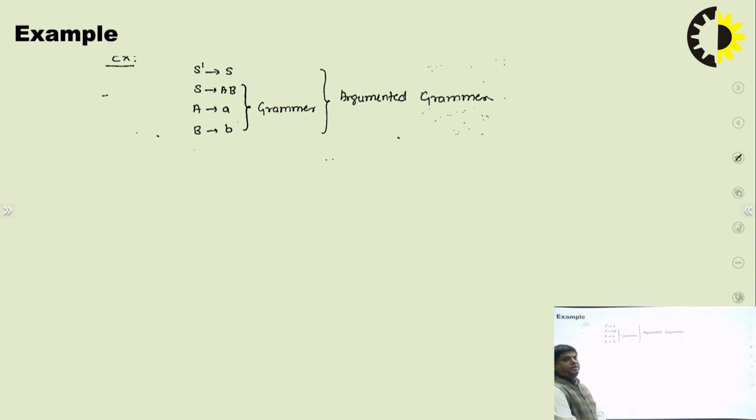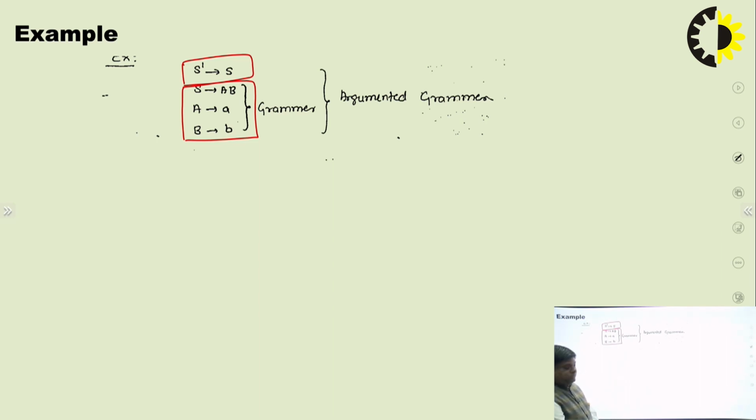Now, for better understanding, we take a very simple example for the LR0 parsing algorithm. The main grammar is this context-free grammar, and this is the augmented grammar.